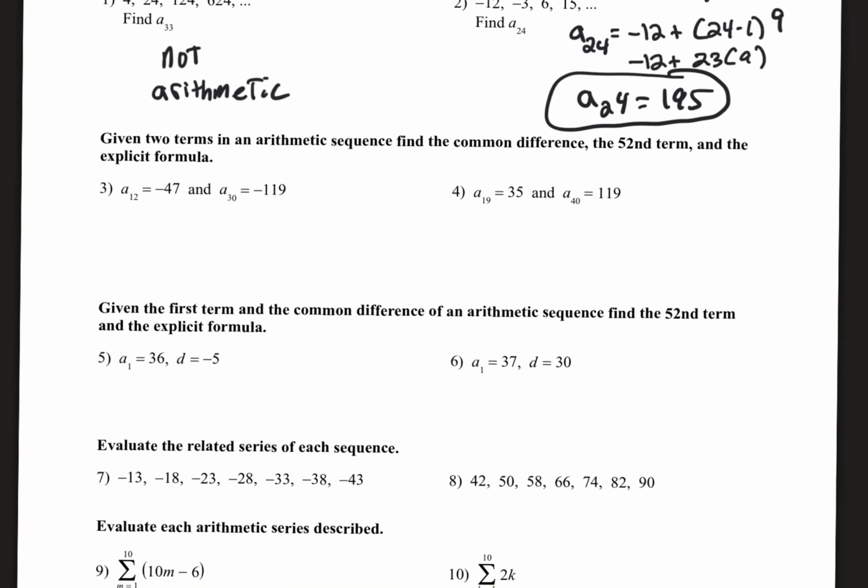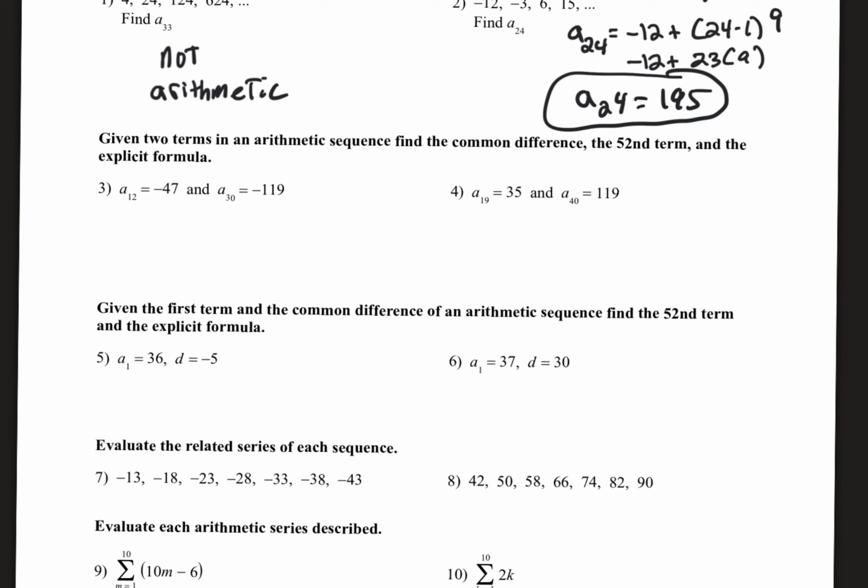Number 3, given two terms in arithmetic sequence, find the common difference, the 52nd term and the explicit formula. Remember, we don't need the explicit formula part of it. So we've got to find the common difference first. So we're going to go A of 30, which is negative 119.